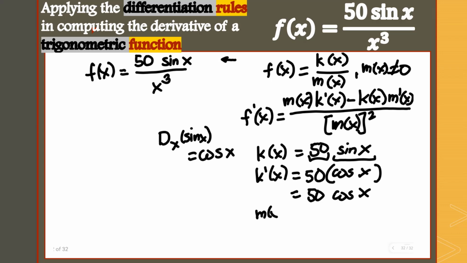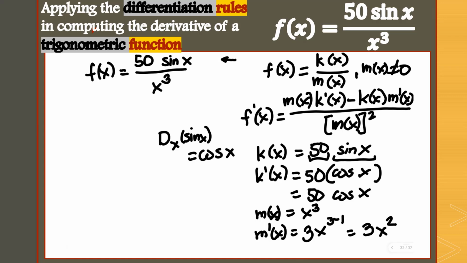As for m of x, it's actually x cubed. So we just need to use the rule of differentiating a power, as we take the first derivative of m. You will just use your n, that's n is 3, x to the power of n, which is again 3, minus 1. Hence you will have your 3x squared.